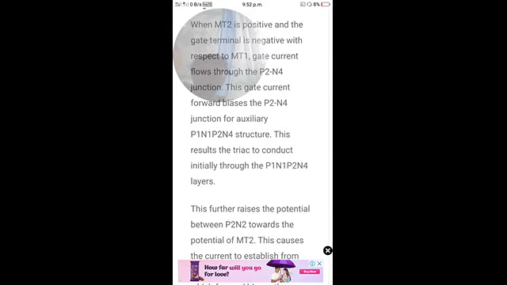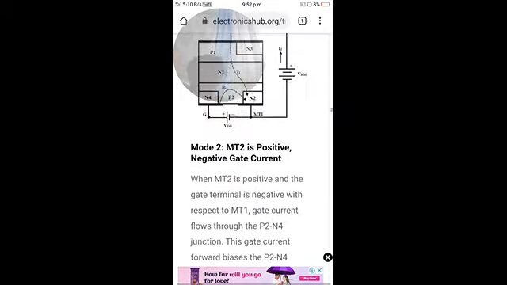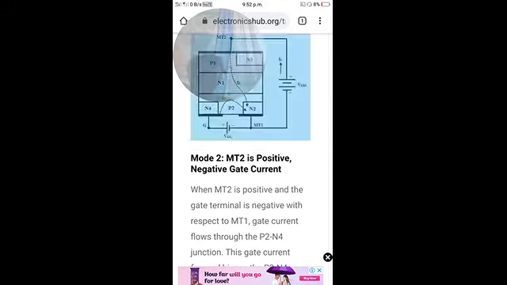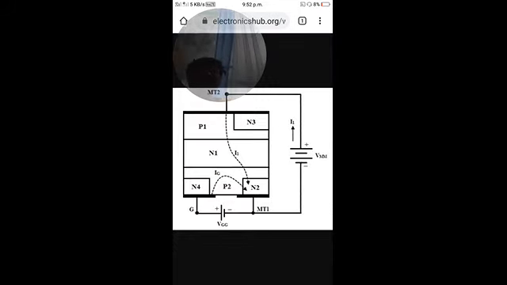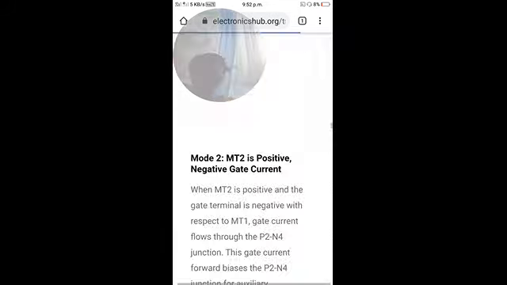In mode 2 of operation, the current is flowing through P1, N1, P2 and N4.